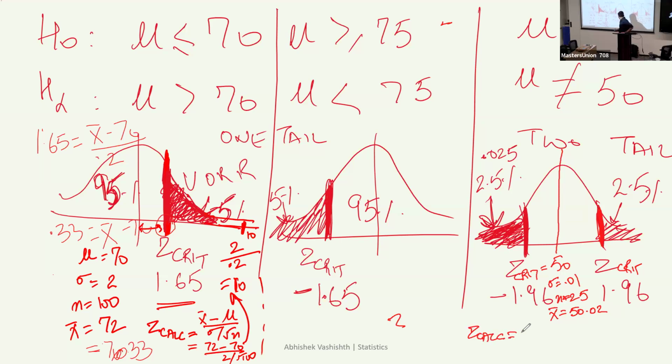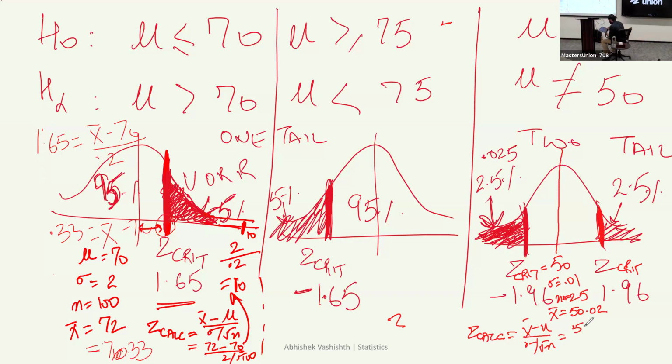You can see. So, visible now. I want to find out the Z calculated. Z calculated will be X bar minus mu by sigma by root n. What is X bar value? 50.02. What is mu? 50.